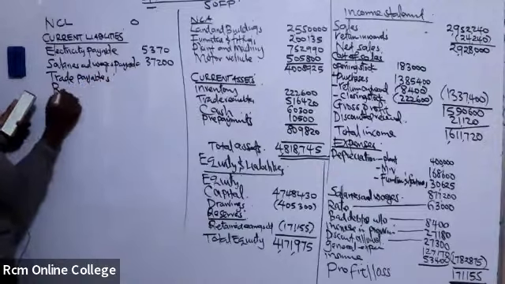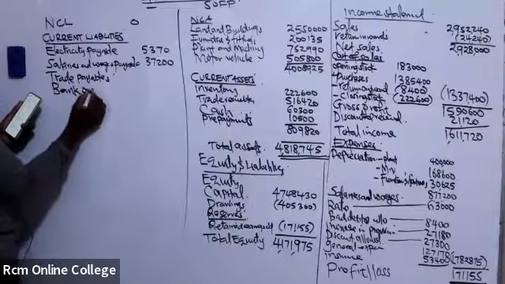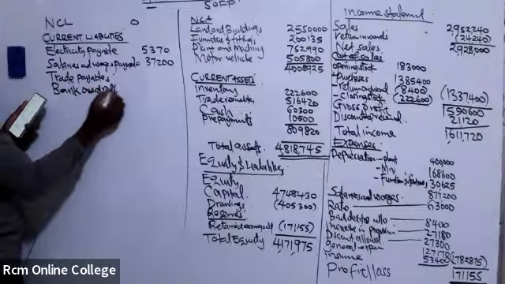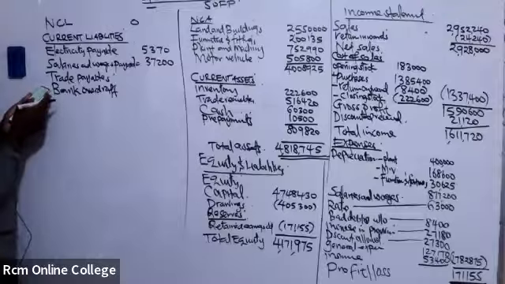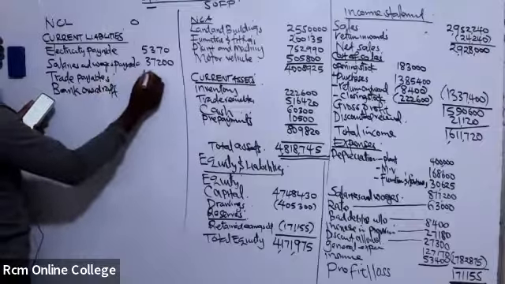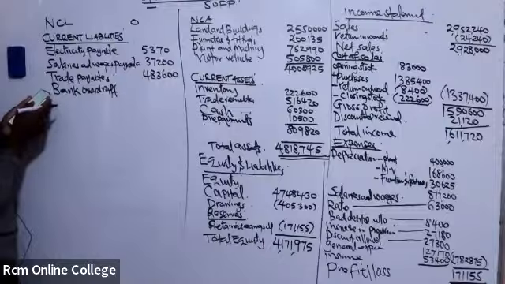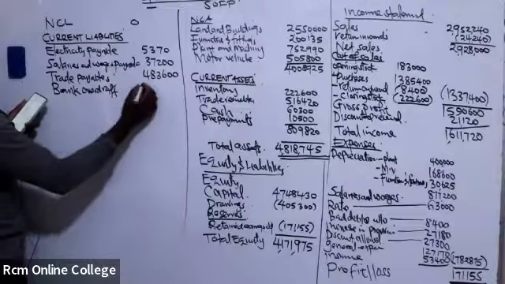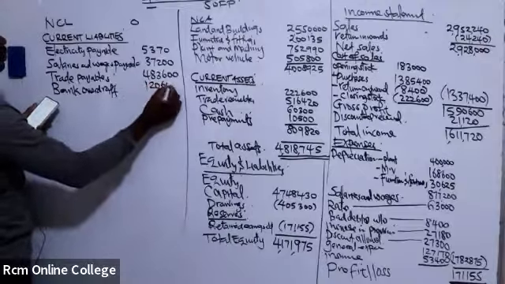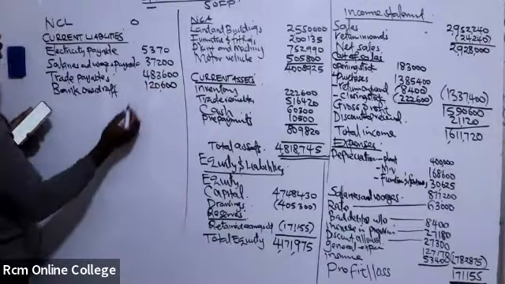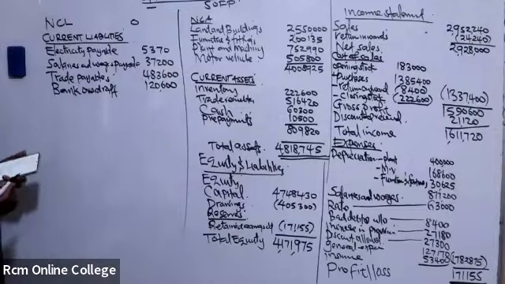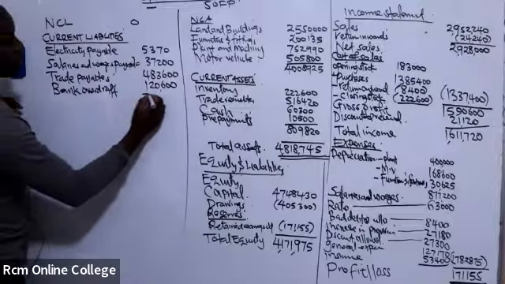Then we have bank overdraft, which is 120,600. Good. So, any other liability that I'm leaving out? I doubt. So let's get our total current liabilities.